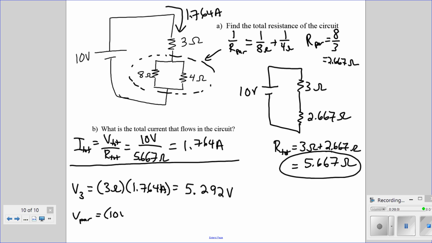That would be the full voltage of 10 volts minus the voltage across this 3 ohm resistor. That's what the loop rule tells us. We have 10 volts, we lost 5.292, so then we have to lose the rest of it to get back down to 0. And so that would be 4.708 volts.